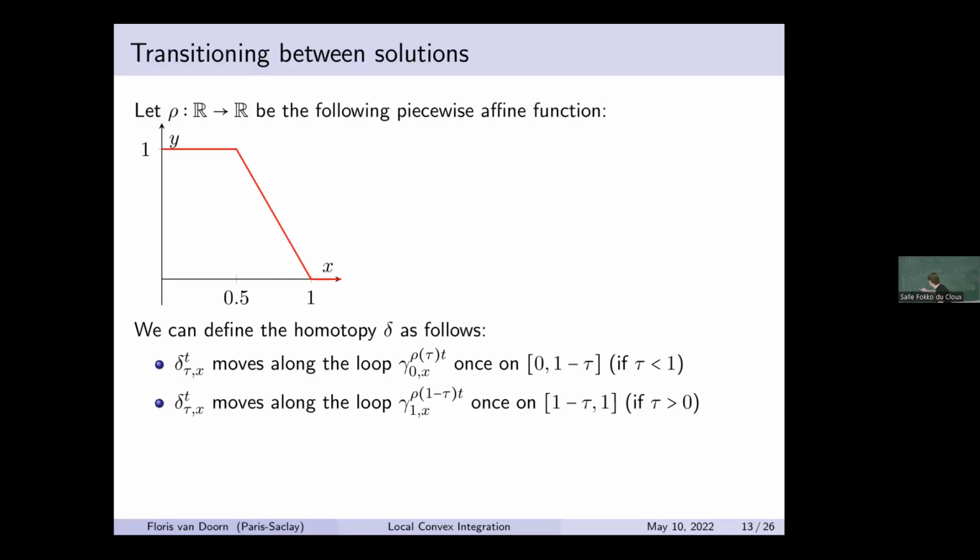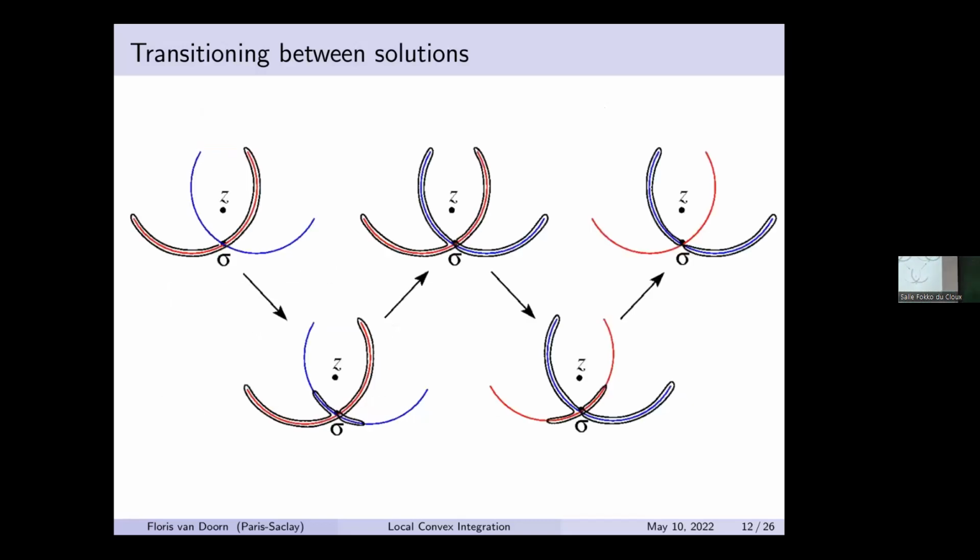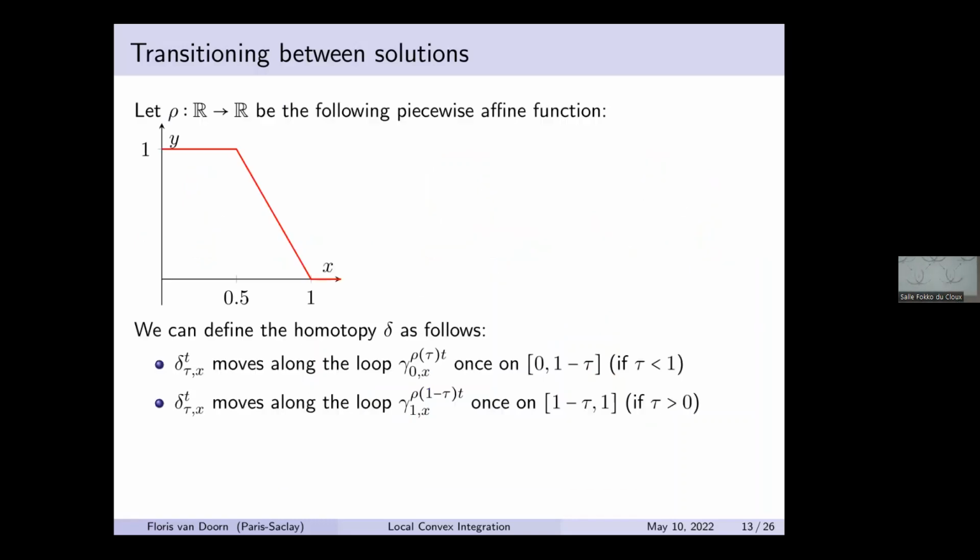Well, it moves along this loop first, and then it will move along the second loop. And here we use rho of 1 minus tau. So if tau is less than a half, rho of 1 minus tau is slowly increasing from 0 to 1. So that captures that we're increasing how much we're covering of the second loop.